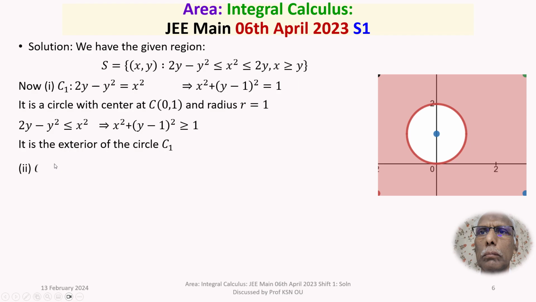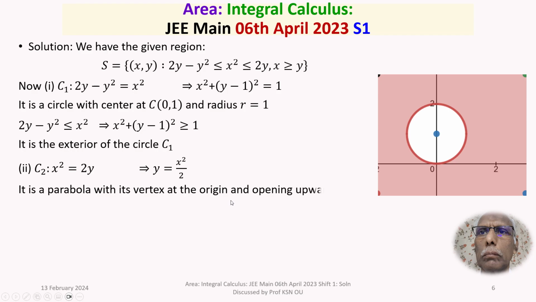The next one, C2, is x square is equal to 2y. That will imply y is equal to x square by 2. So what is this? It is a parabola, with its vertex at the origin and opening upwards.